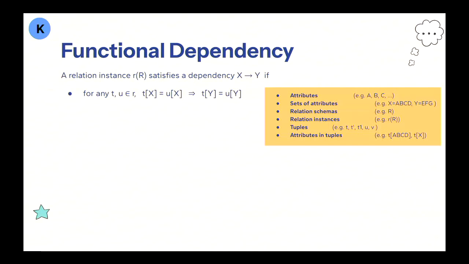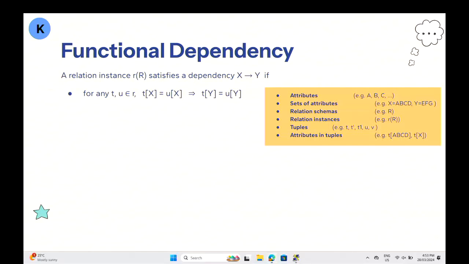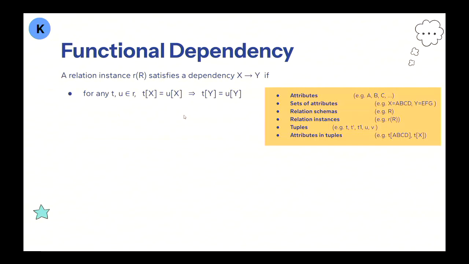So a relation instance R satisfies a dependency X determines Y if for any T and U of that instance, so for any two tuples of that instance, you can refer to the list of terminologies here to see what the meaning of these letters or notations is.